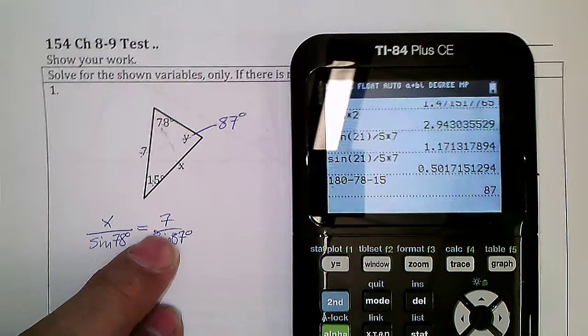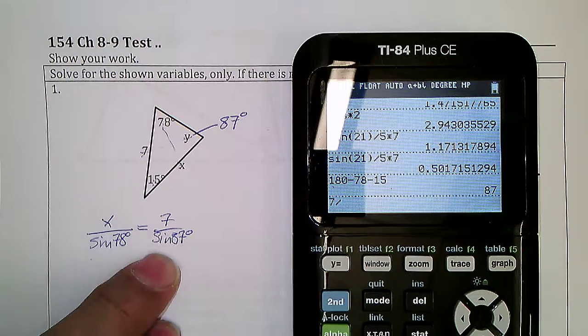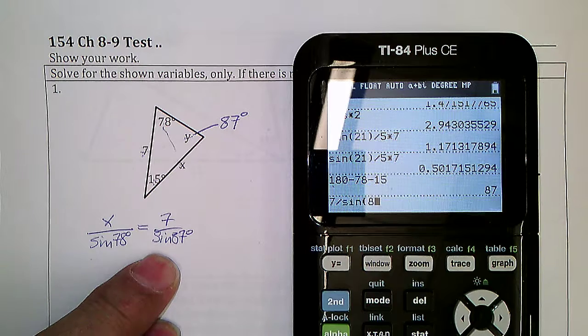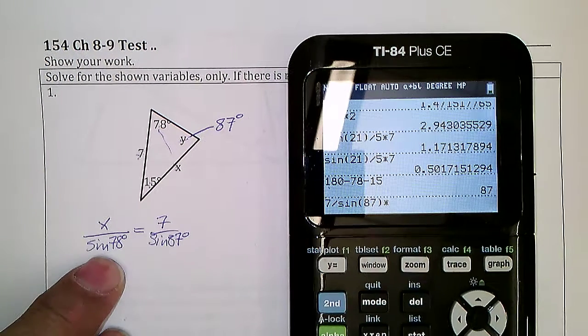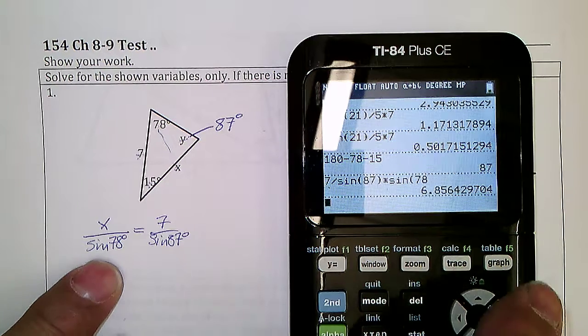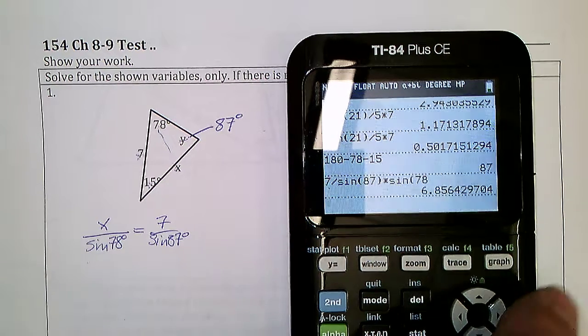So 7 divided by sine 87 times sine of 78 and 6.856.